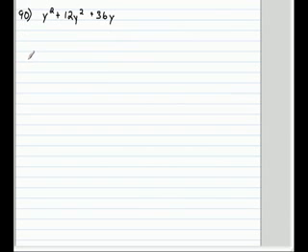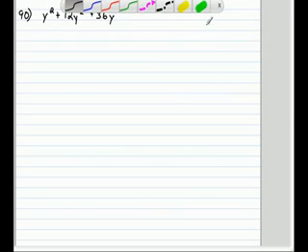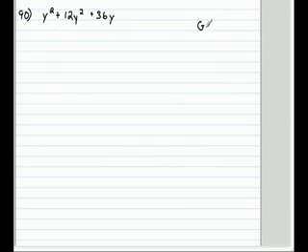And number 90. Is there anything we can factor out? Yes, there is a GCF. And that GCF is just y. So when I take that y out, I have left y plus 12y squared plus 36y.